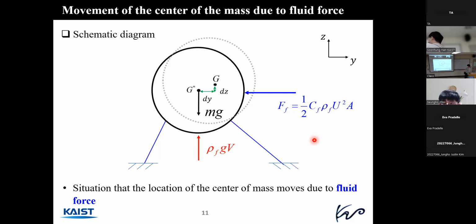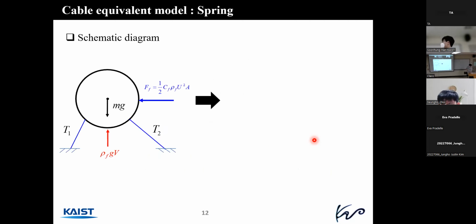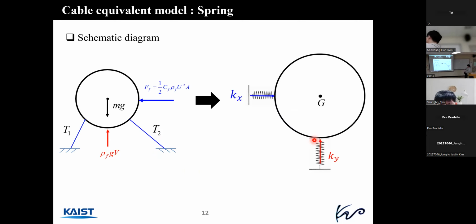If the cable has additional tension based on the equilibrium profile, or if we select the proper stiffness of the cables, we assume that the physical model with the tension force, fluid force, buoyancy force, and gravitation force can be an equivalent model in which spring forces are applied to the beam model.